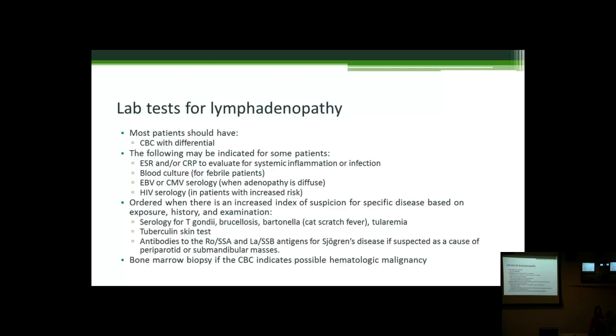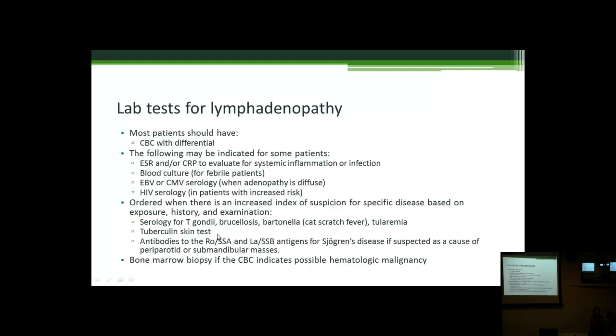Order the following tests if there's any indication of any of these conditions. And again, these are pretty rare, and I've never had to order any of these, including Bartonella for cat scratch fever or tuberculin skin test. Of course, you have to be suspicious of TB because that is starting to come back around again. So just be aware of that.